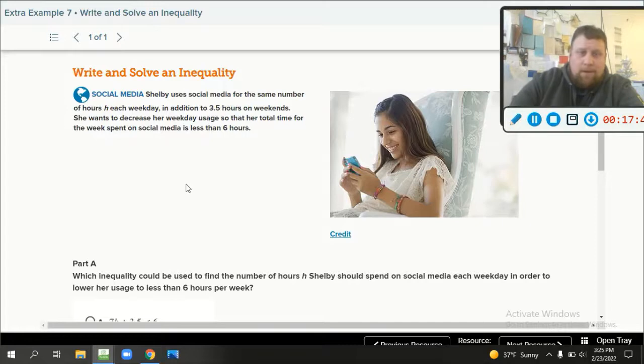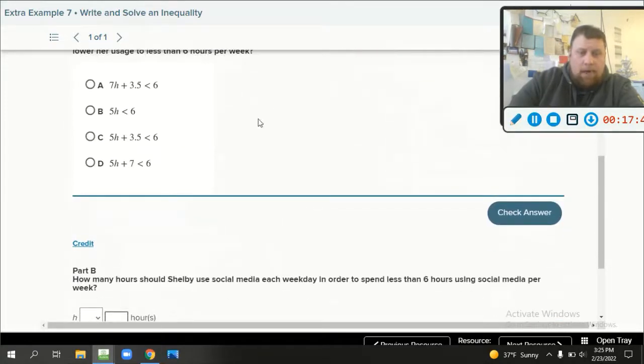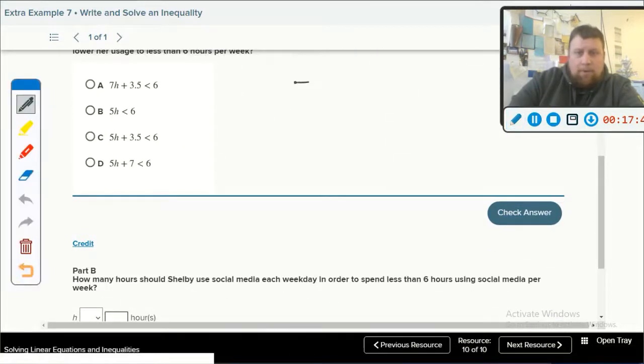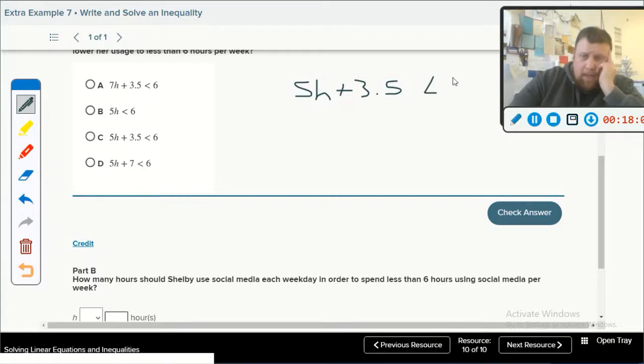So that means we're going to be spending 5 days a week times H hours, right? And we're going to add to that 3.5 hours because we're doing 3.5 hours on the weekend. And we want that total to be less than 6. Ooh, look at that. I see it right there. Boom, it's C.